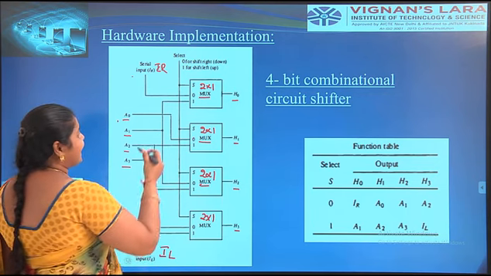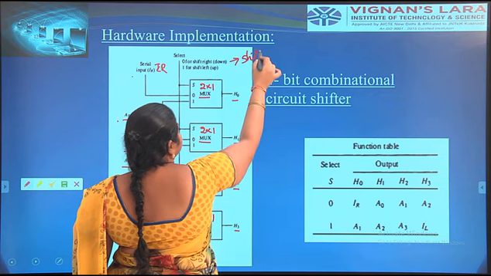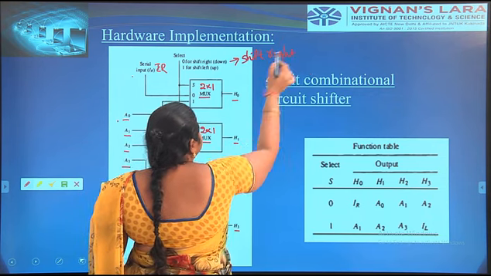We take 2 select lines, 0 and 1. 0 is represented as shift right and 1 is represented as shift left.